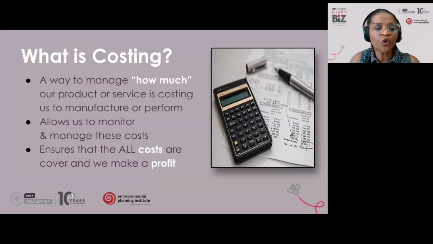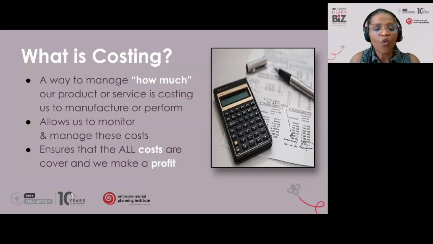Costing is about knowing or managing the way you understand how much our product is going to be, or our service, when we manufacture it. What does it cost us to manufacture or produce or deliver a service? So we're talking across manufacture, produce, or deliver, because some services are not necessarily where we buy something and we resell. So we have other costs that are associated to resell. Some services are our professional skills that we are selling. So it's along those lines.